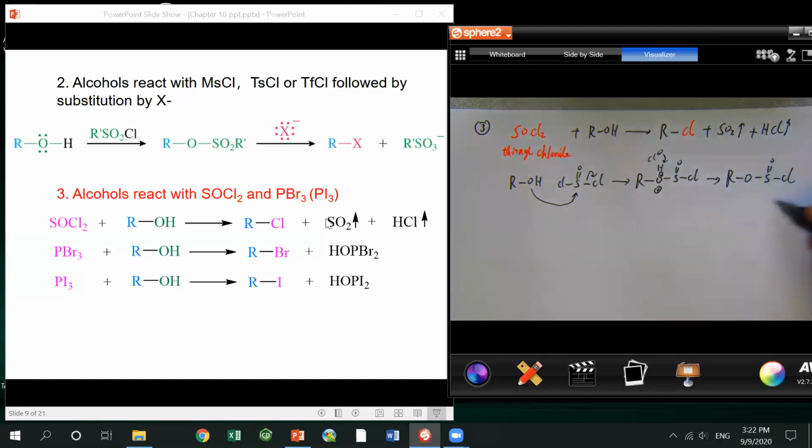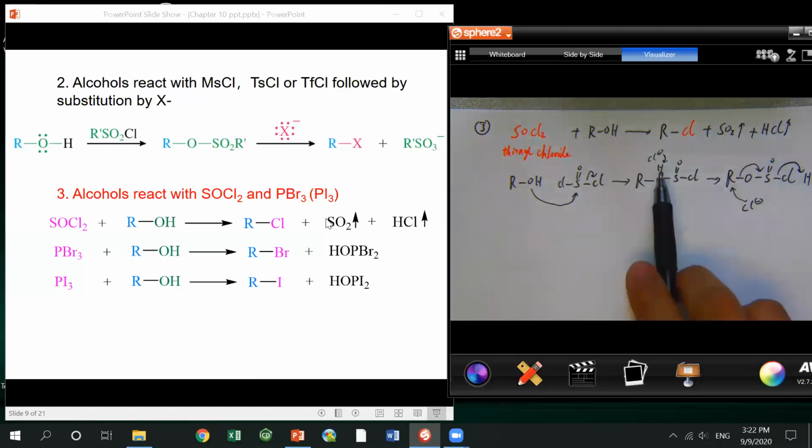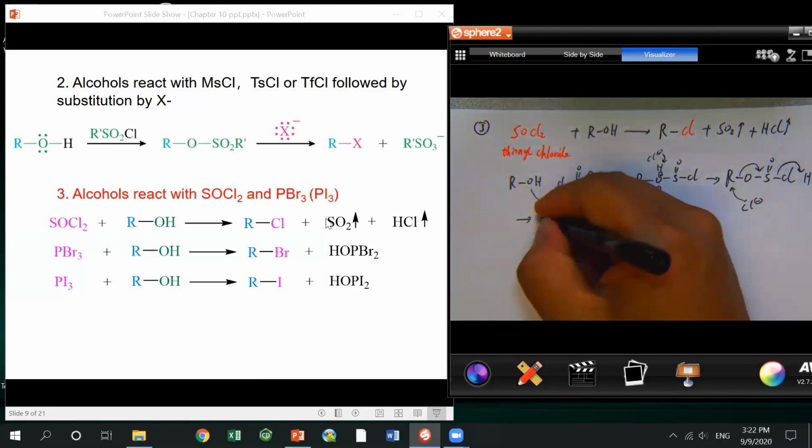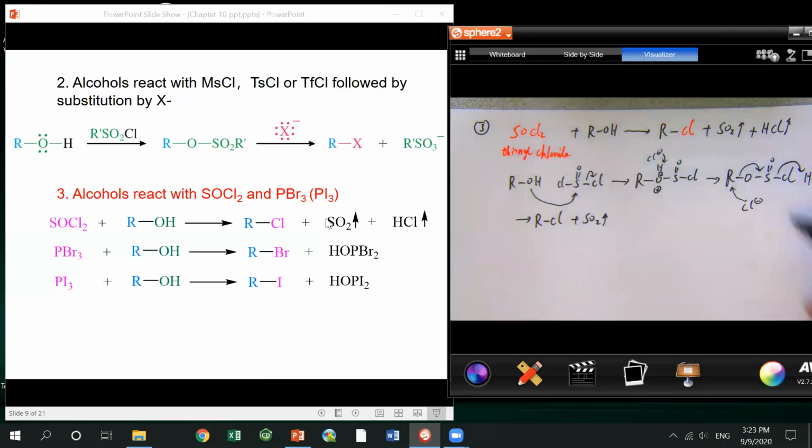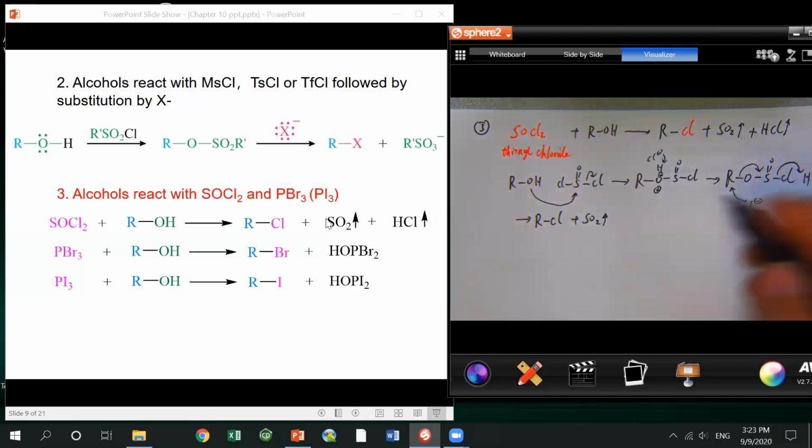So this is a very good leaving group. And then the other Cl comes in and attacks, this one goes here, and this one picks up the hydrogen, so the hydrogen actually left from here. And then eventually you generate RCl plus sulfur dioxide. So this part leaves as sulfur dioxide, and then HCl leaves as HCl.